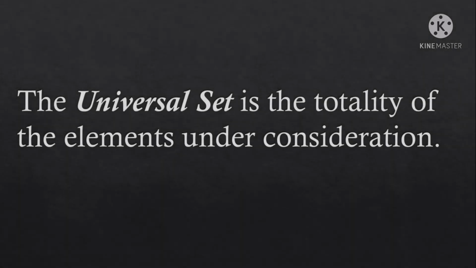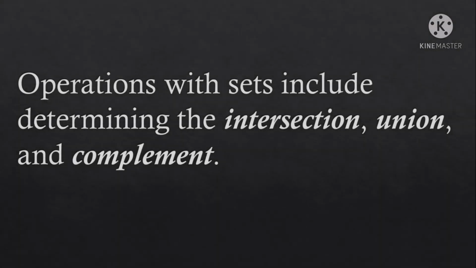Next, the universal set is the totality of the elements under consideration, and it is denoted by the capital letter U. Next is the operations with sets include determining the intersection. When we say intersection, we are getting the common elements of the two sets. And of course, determining the union or the combination of all the elements in two sets.